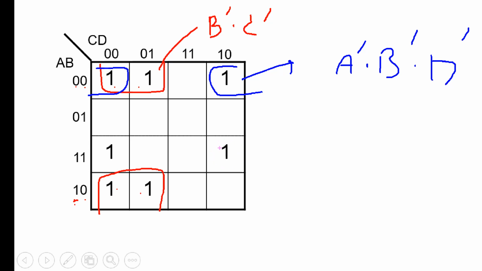Only one cell? Okay, this one, right? So tell me the product term. This cell A is 1, this cell B is 1, this cell A prime, B prime.